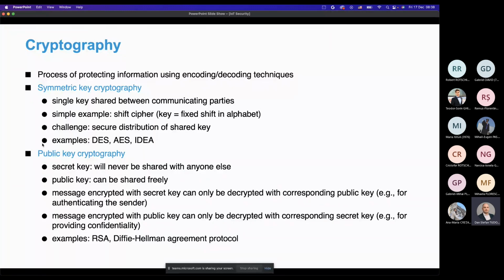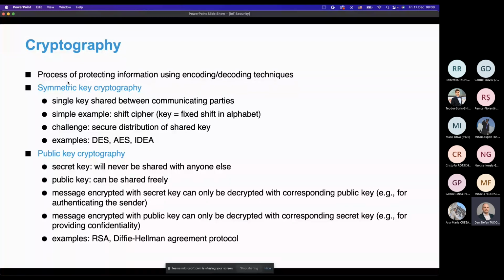There are two main types of cryptography that are employed in computing systems and computer networks. You're probably very familiar with them. It's symmetric cryptography, which means that you have a key that you use to encrypt your messages, and then the same key you use to decrypt your messages.